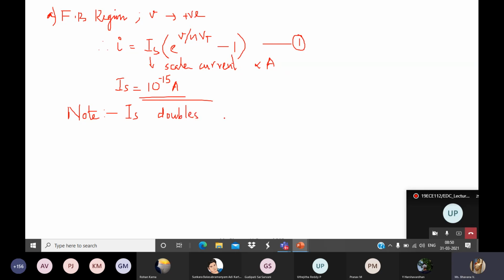Is doubles for every 5 degrees Celsius rise in temperature in the forward bias region. The 10 degrees Celsius figure is for reverse bias.